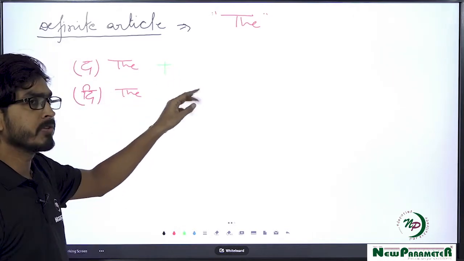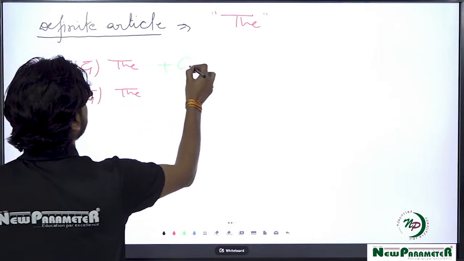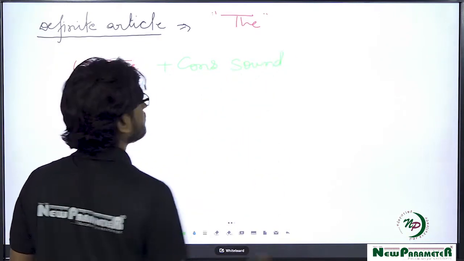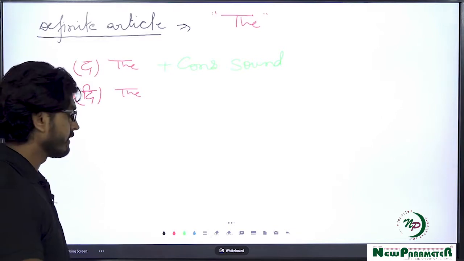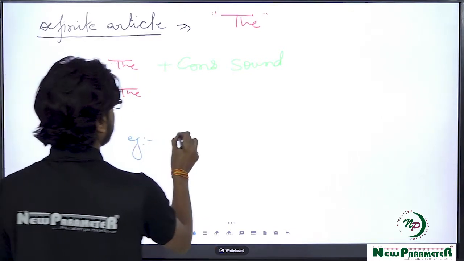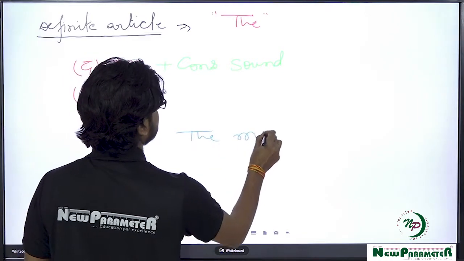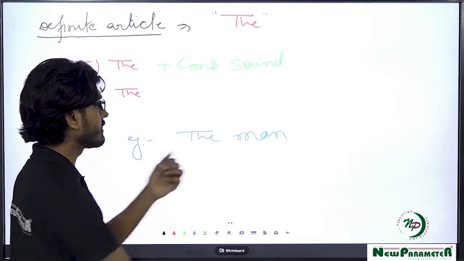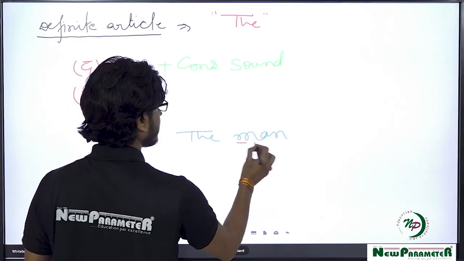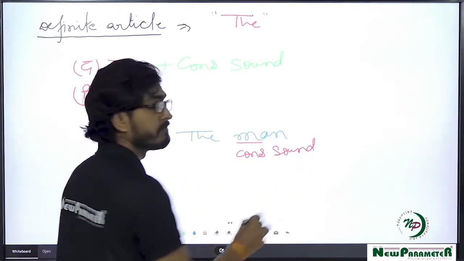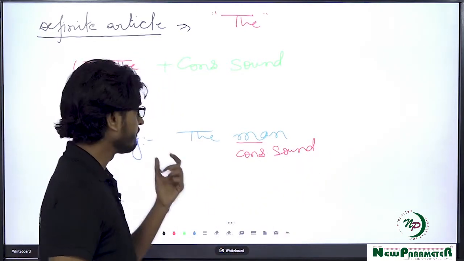If "the" is used just before a consonant sound, we say it "thuh". For an example, now you'll tell, "the man" or "thee man"? Because this gives you a consonant sound. Man means what?